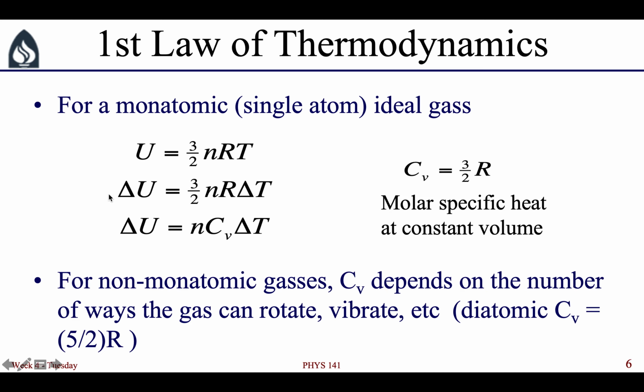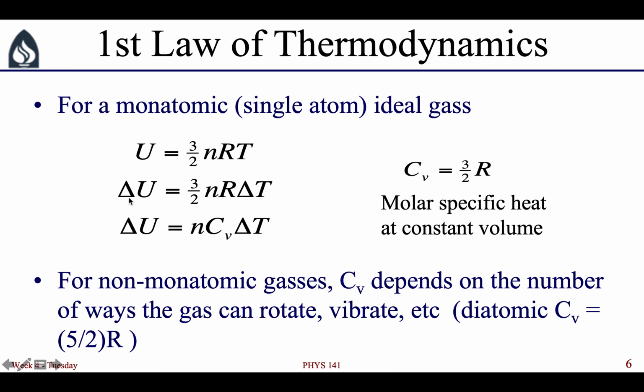If we have a change in internal energy, and we have just a set amount of gas, we're not adding or subtracting gas, then n doesn't change, R is a constant. The only thing that does change on this side is possibly the temperature.